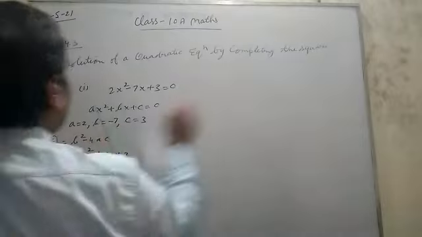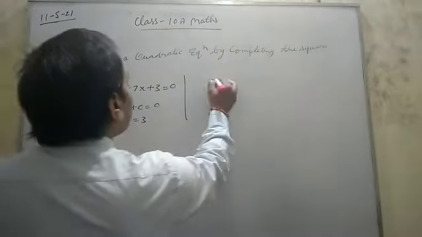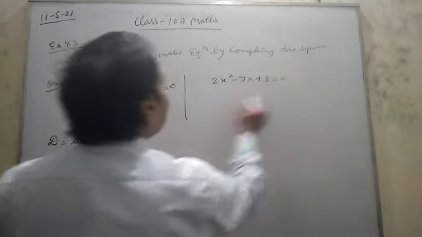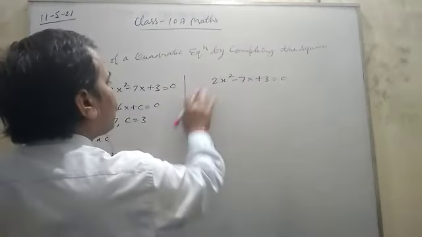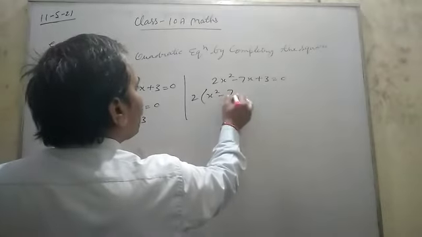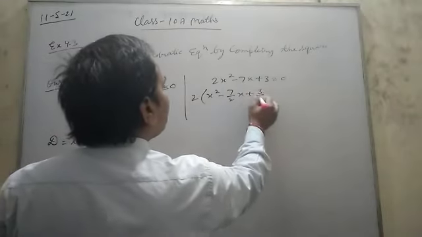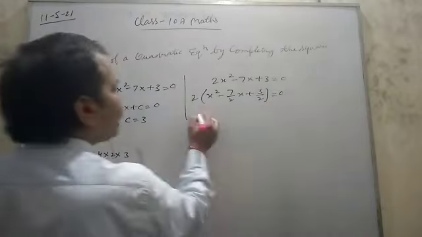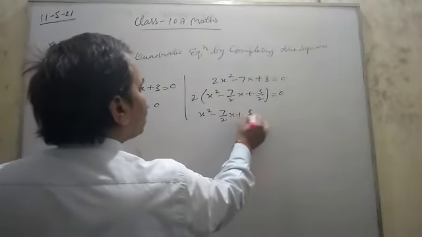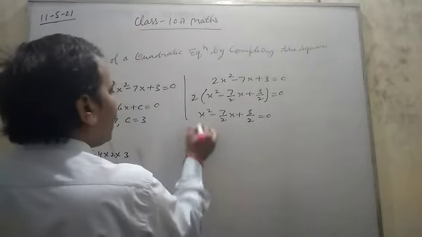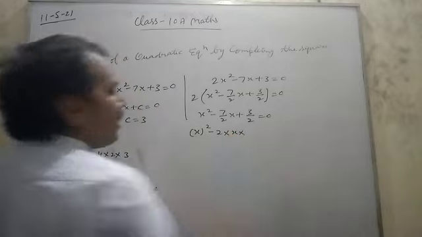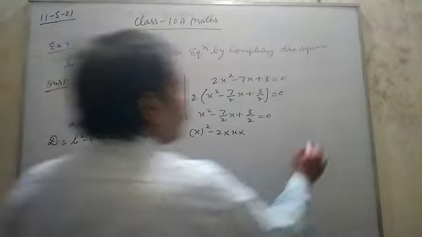So you see how to do it by that method. So 2x square minus 7x plus 3, then divide by 2, it becomes x square minus 7 by 2 x plus 3 by 2 is equal to 0. Then a square minus 2ab, so find the b value.